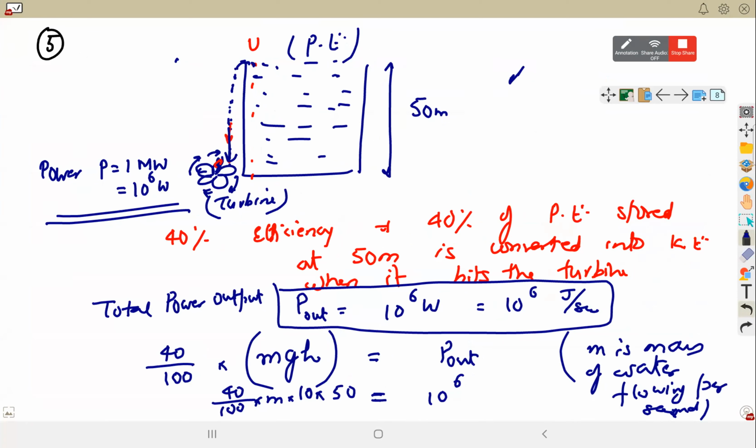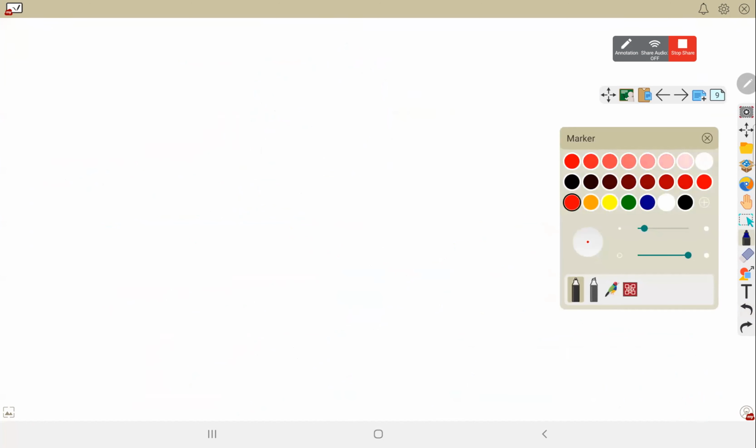Okay, one last question. This is for you. The bob of a simple pendulum is imparted a velocity of 5 meters per second when it is at the lowest point.